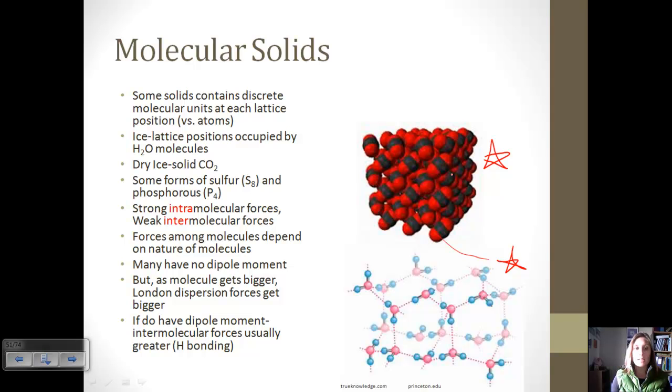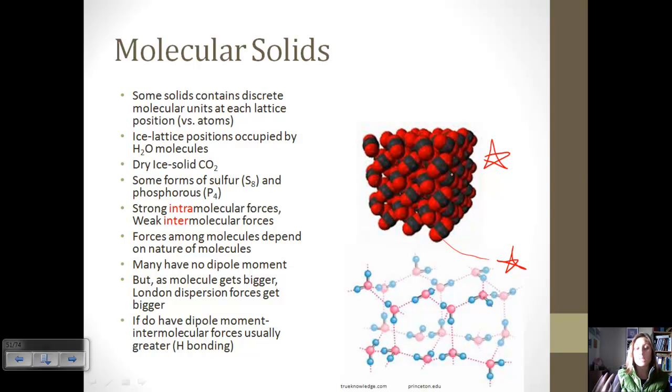All these molecular solids have strong intramolecular forces, so the forces between the atoms in the compound are very strong, and tend to have weak intermolecular forces, so the bonds between the molecules are somewhat weaker. The forces among the molecules depend on the nature of the molecules. For example, most of them don't have a dipole moment.